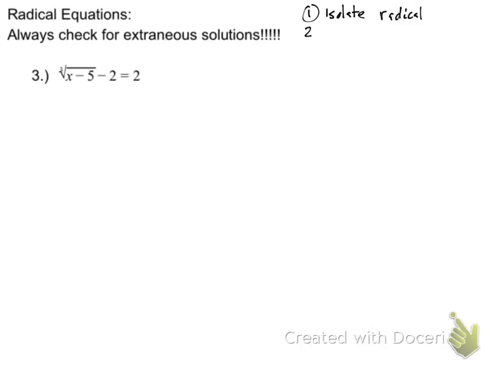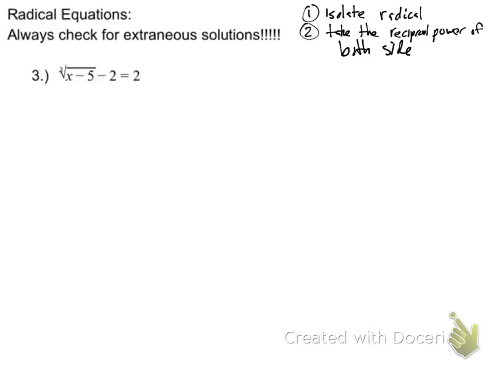And then step 2, once you have done that, you will take the power, or say the reciprocal power, of both sides. What I mean by reciprocal power is that if it's a cubed root, the exponent on that set of parentheses is actually a what?